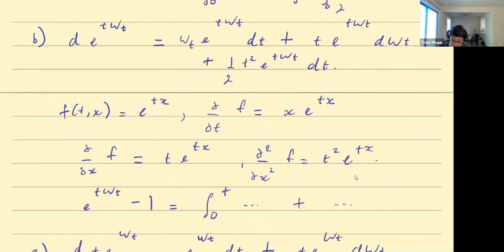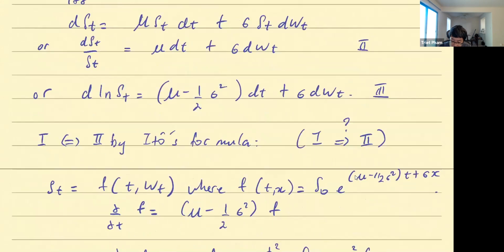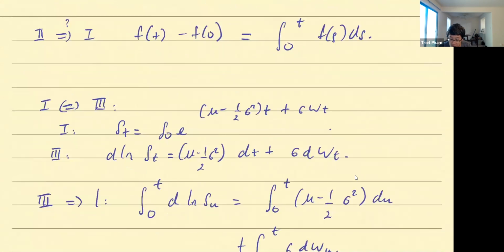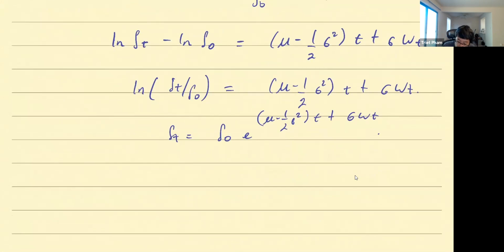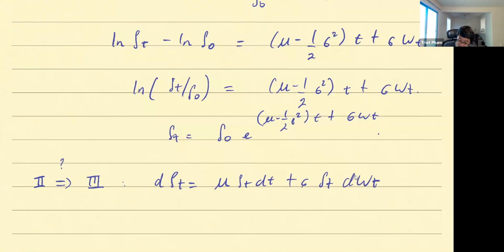So what we want to show is that 2 implies 3, and then we're good. In other words, we start out with the differential of St, and then we want to show that this says that the differential of the log is this.